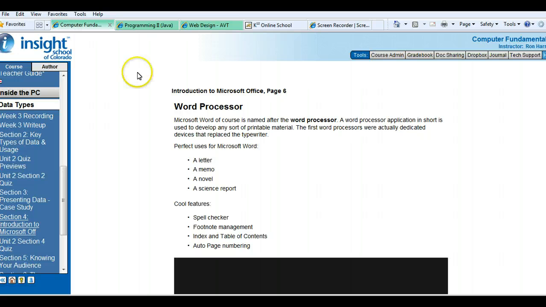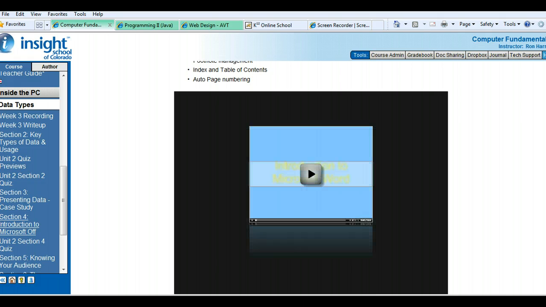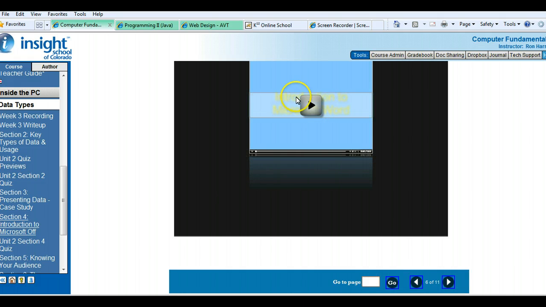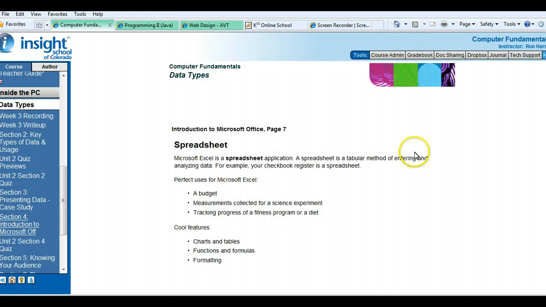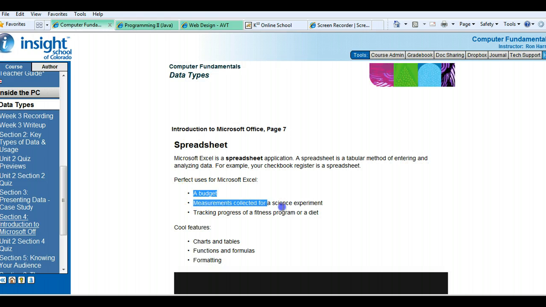So for the word processor, there are some uses right there. And this talks about the Microsoft Word processor. You can look at that if you want to. Then spreadsheets: you can use one for a budget, science experiment calculations, or to keep track of a fitness program, right?